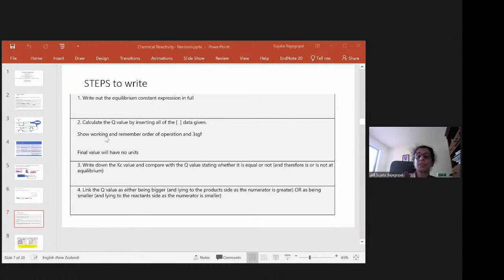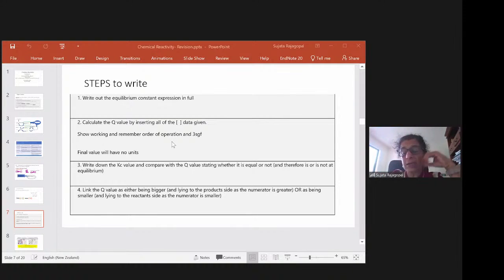The equilibrium constant Kc is given to you in the exam, but your job is to find out whether that reaction has reached an equilibrium state. So you first calculate from the values that are given. The concentrations are normally given. So using those concentrations, find your equilibrium constant, your Kc.